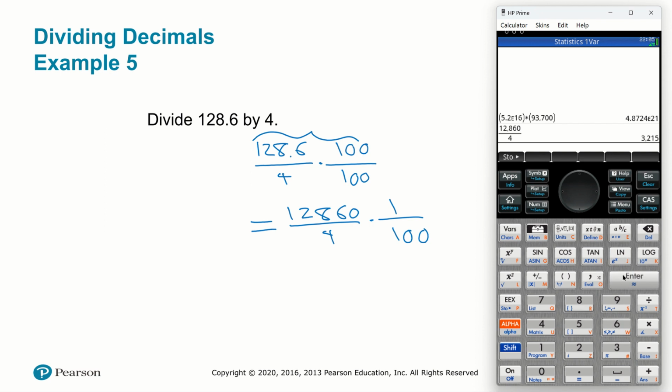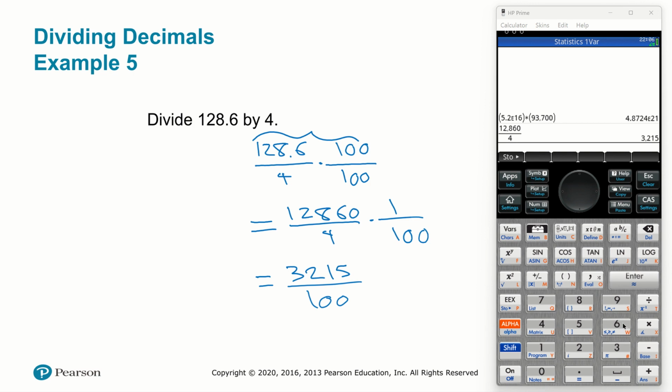So you end up with 3,215 over 1, which we don't need to write, right? But what we can do is this times 1 over 100, we can bring the 100 underneath there.